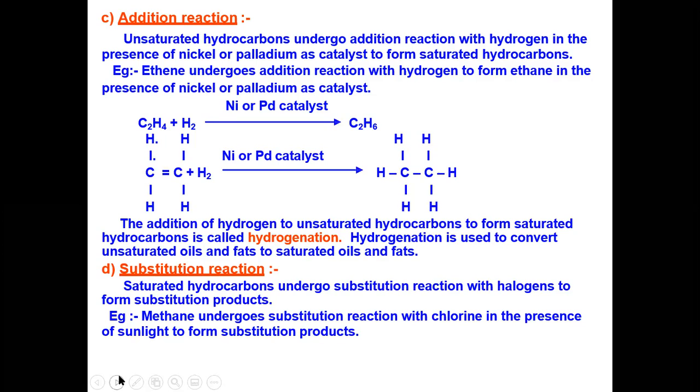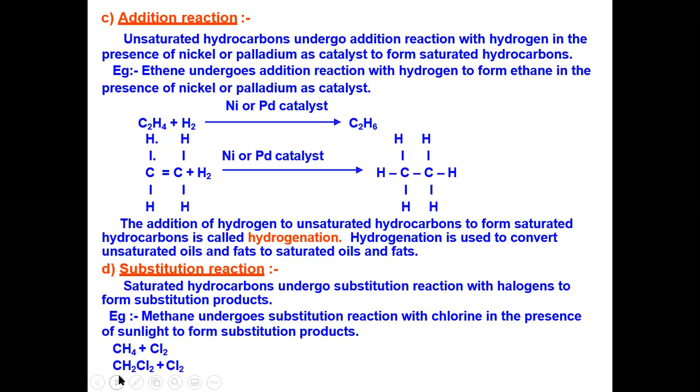Substitution reactions. Saturated hydrocarbons undergo substitution reaction with halogens to form substitution products. For example, methane undergoes substitution reaction with chlorine in the presence of sunlight to form products.